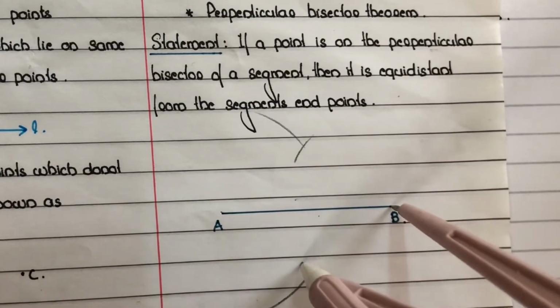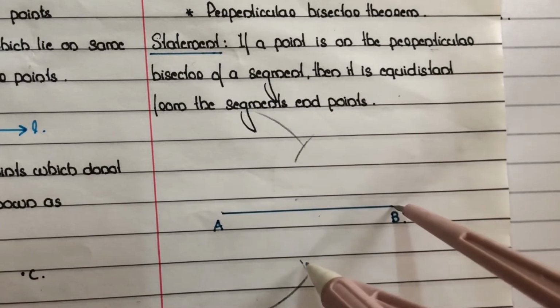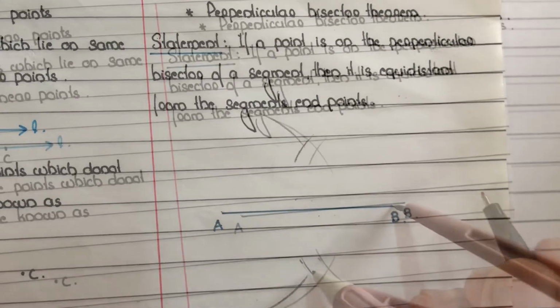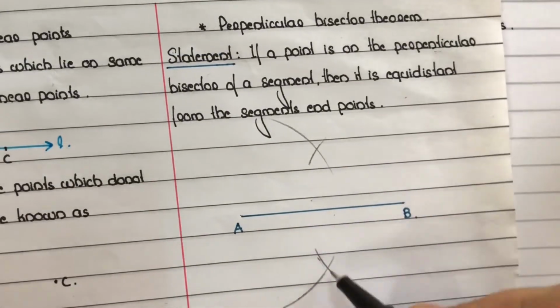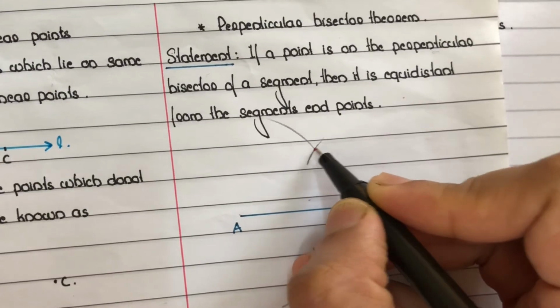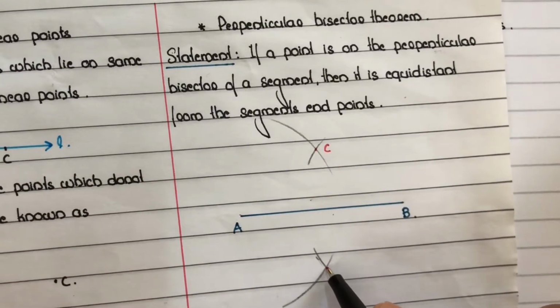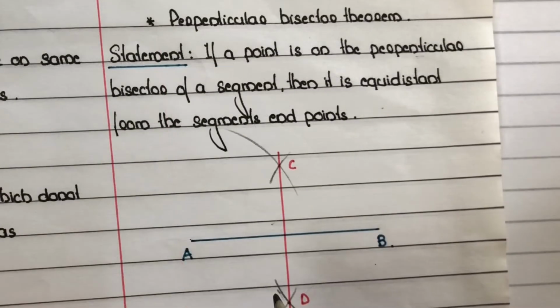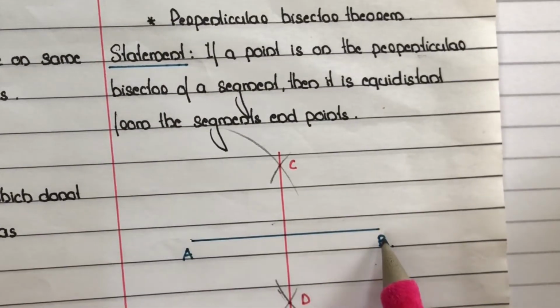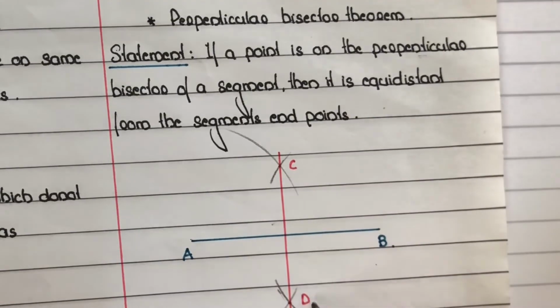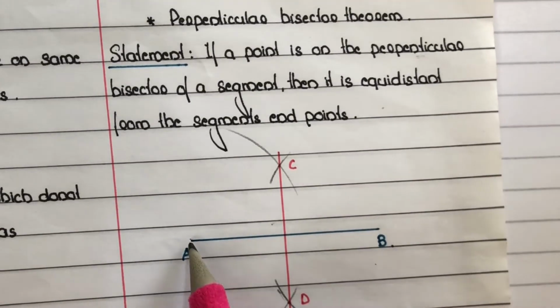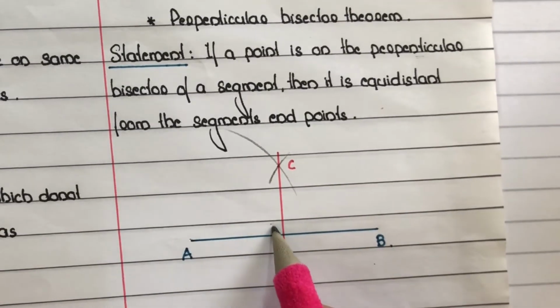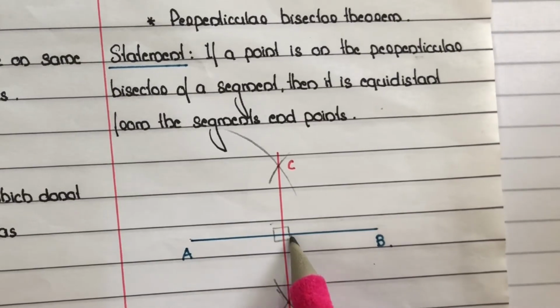Cut this arc. Then you will get 2 points, right? So here I got 2 points. We can mark them as C and D. Next step, join them. AB is a line segment and CD is the perpendicular bisector of line segment AB.